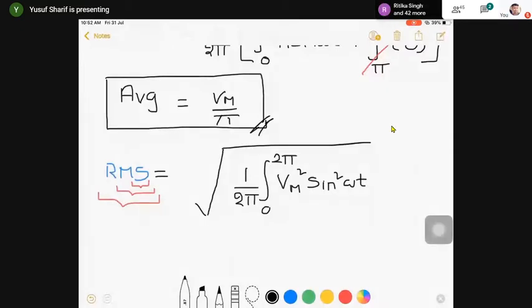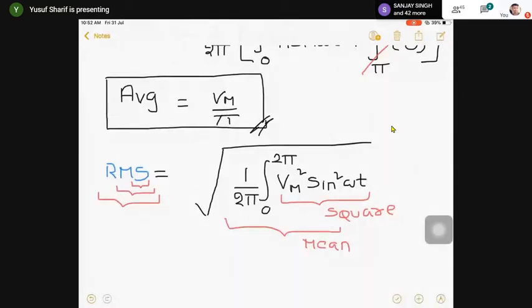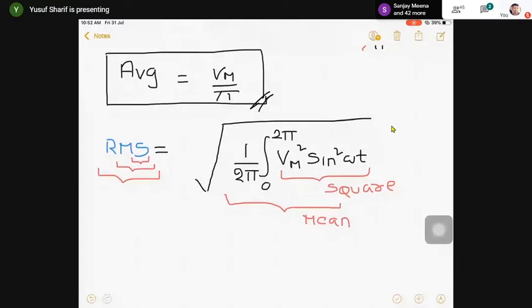The square part, and adding this is the mean, and finally you applied your square root, so this is your root mean square value. What result will you get if you solve this?